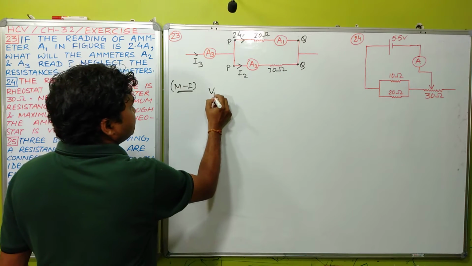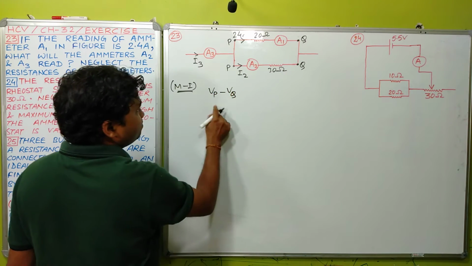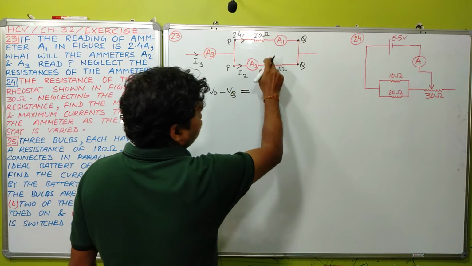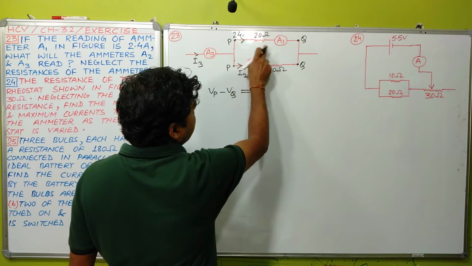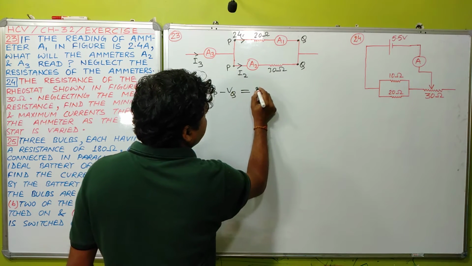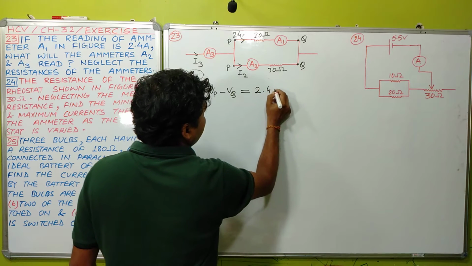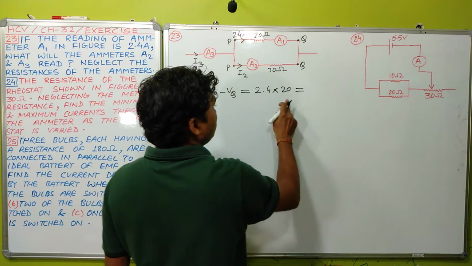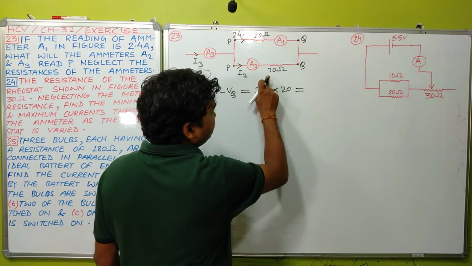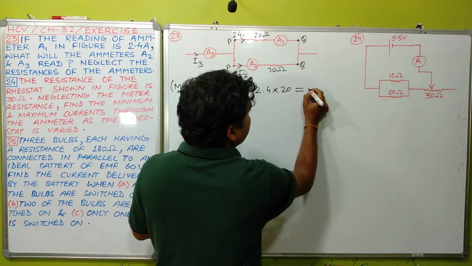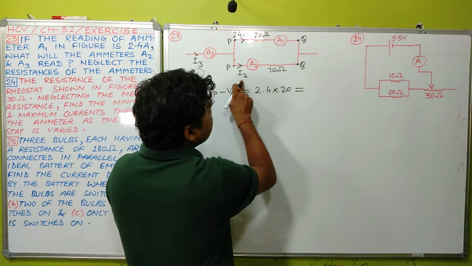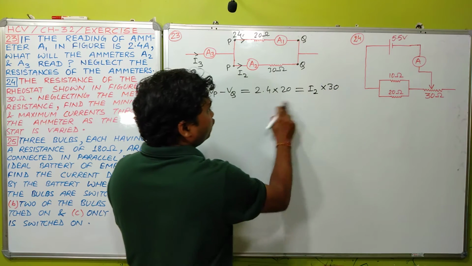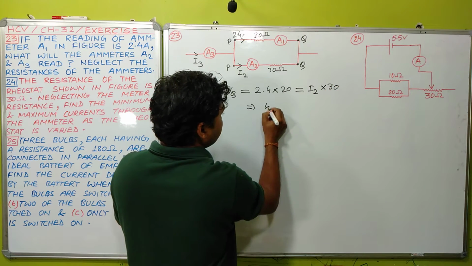So the potential difference between points P and Q can be written as IR from Ohm's law, V equals IR. The potential difference across this resistor is IR, the current flowing through it is 2.4 and the resistance is 20. This will also equal the potential difference across this resistance, where the current is I2 and the resistance is 30. So V equals I2 into 30, and 2.4 into 20 is 48.